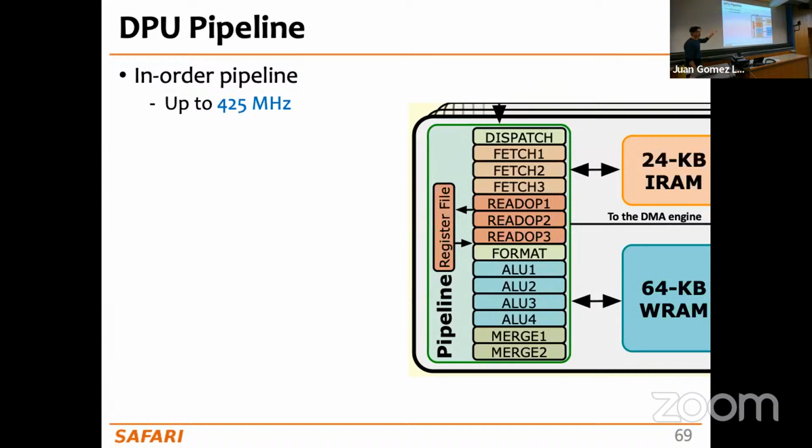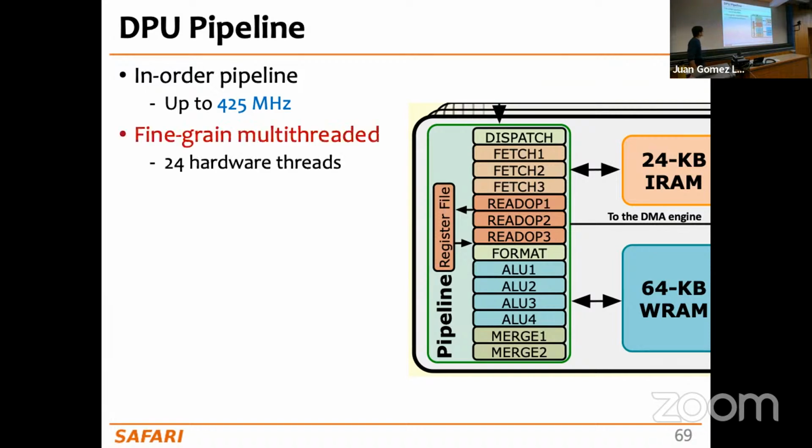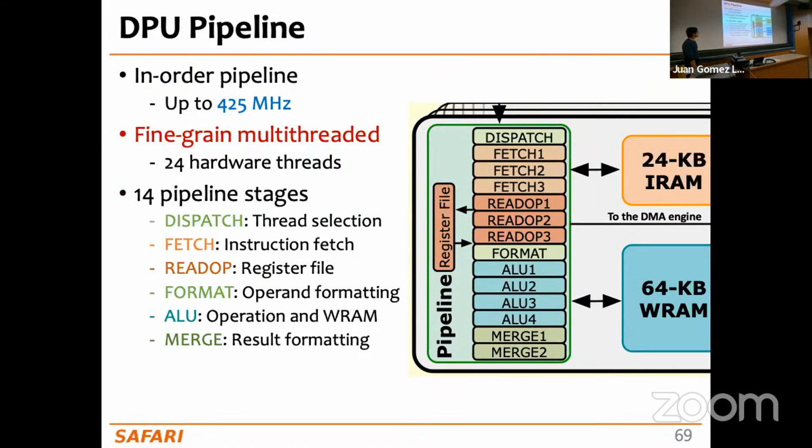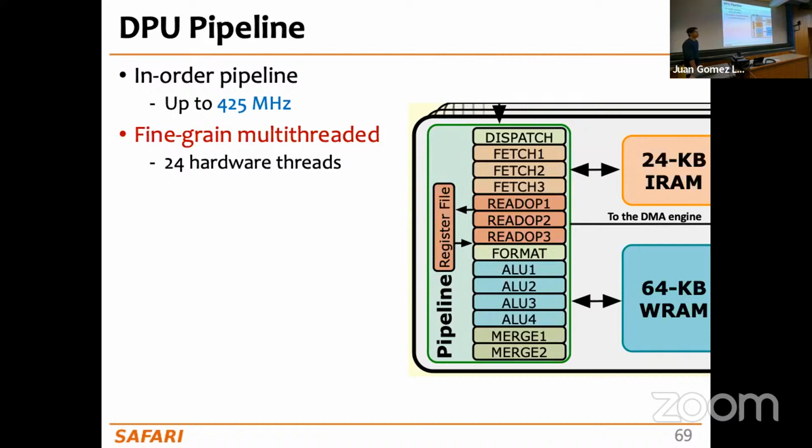As I said earlier, the most recent DPUs that we have access to run at a frequency of 425 megahertz. It's fine-grained multi-threaded with up to 24 hardware threads. What that means is that each thread has its own program counter. They all execute the same program that resides in the IRAM, but each thread running on the pipeline has its own program counter.